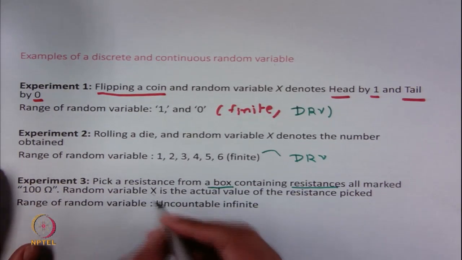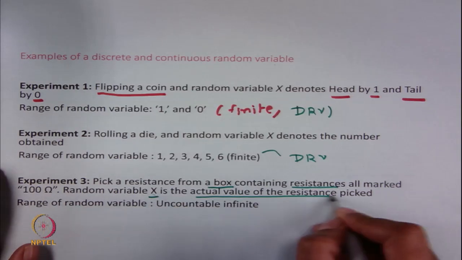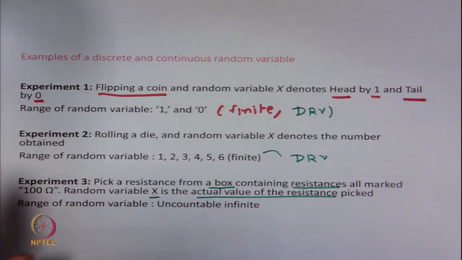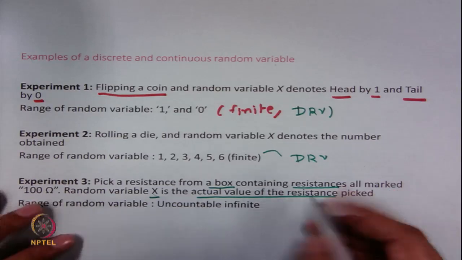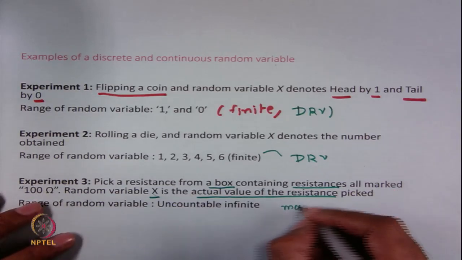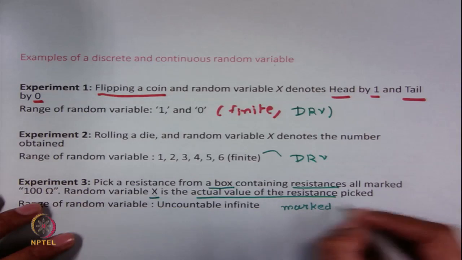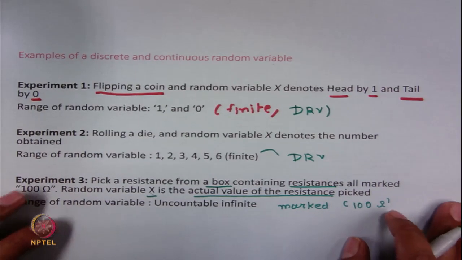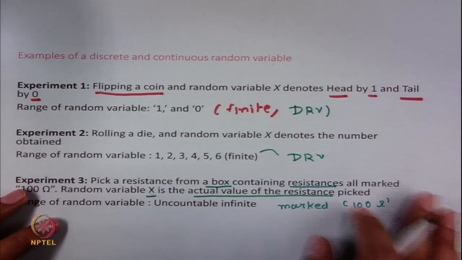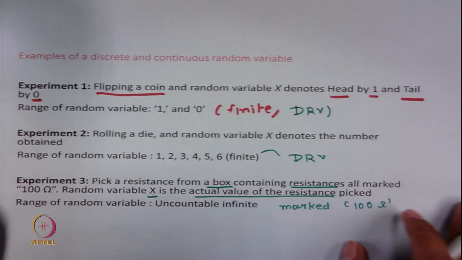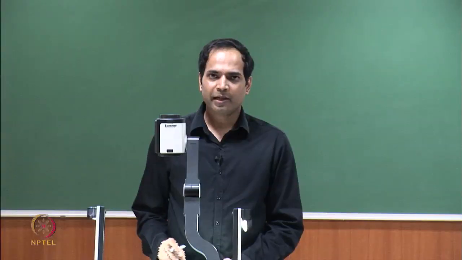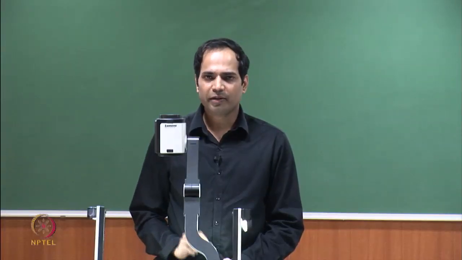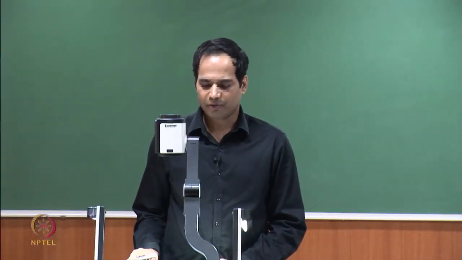So, X denotes the actual value of the resistance. Be careful that there is a difference: the marked value is always 100 ohm, but the actual value might be different from this marked value, because you might have studied in basic electrical engineering that the actual value depends upon the tolerances, right, manufacturing tolerances.